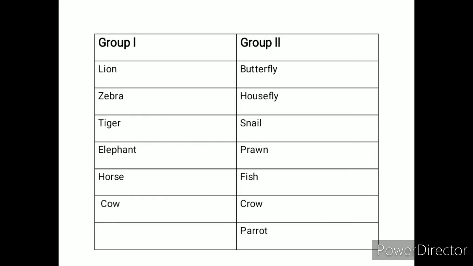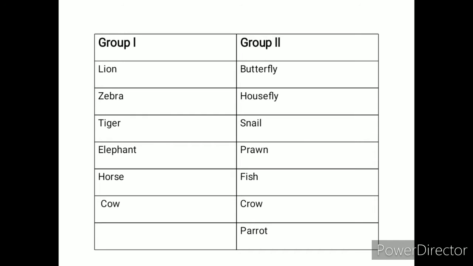We can see in group 2 there are butterfly, housefly, snail, prawn, fish, crow and parrot. How can you classify these animals into two groups again? On the basis of what can you classify?